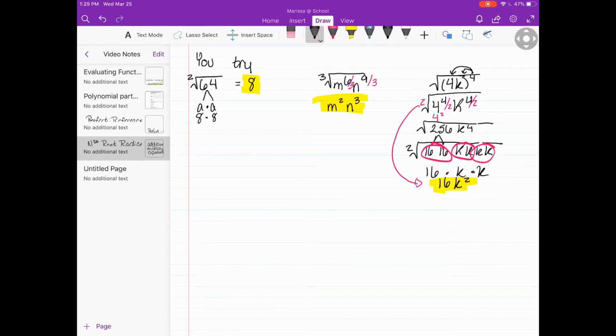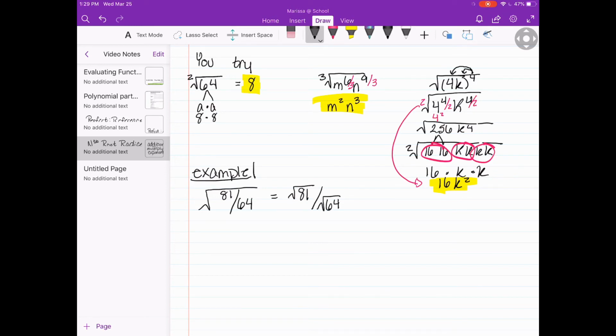The next one that I want to show you, and we'll get into this a little bit more later, but I wanted to give you another example of something that you're going to see. You might get the square root of 81 over 64. This just means that I have the square root of 81 divided by the square root of 64.